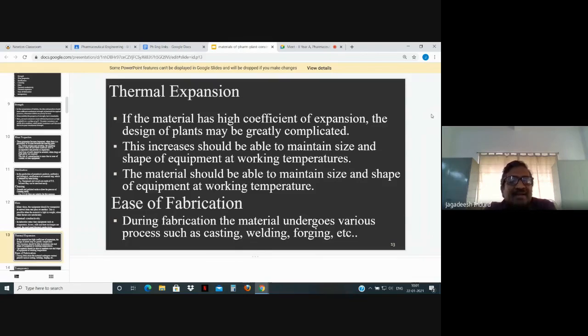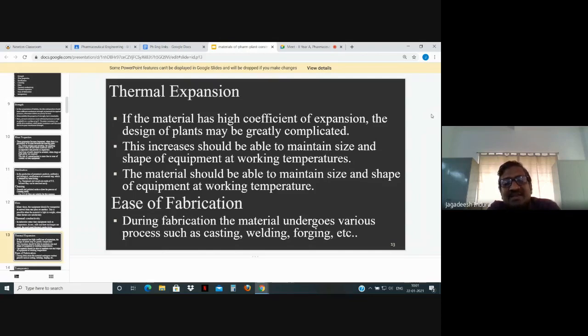Another parameter is ease of fabrication. Sometimes we need to make curves, we need to make grooves. Sometimes it is required to put hooks. So this is actually malleability, like pipes which you want to expand as sheets, and ductility, which you want to take into consideration. During fabrication, can I make it into any shape?